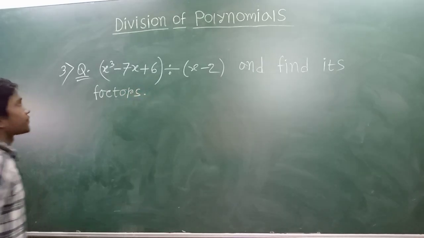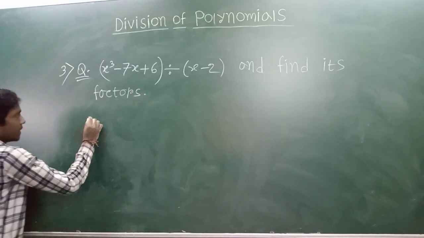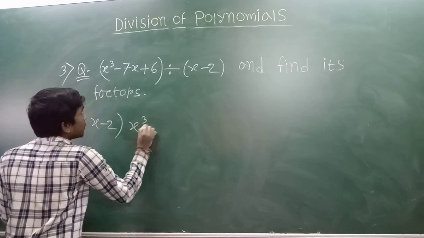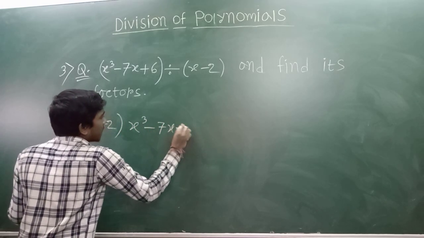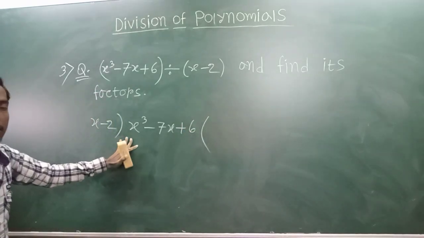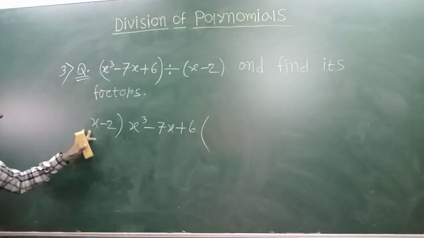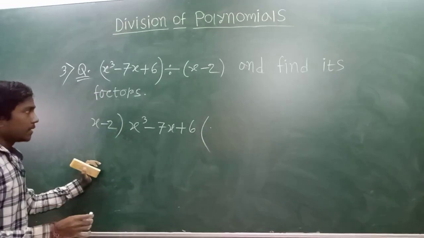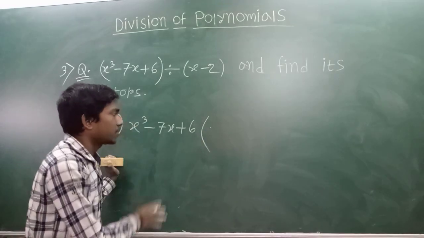Okay, students. Now let's first divide x cube minus 7x plus 6 by x minus 2. Take the first term from the dividend divided by x. Now you do it fast. You just pause the video here and try it on your own.